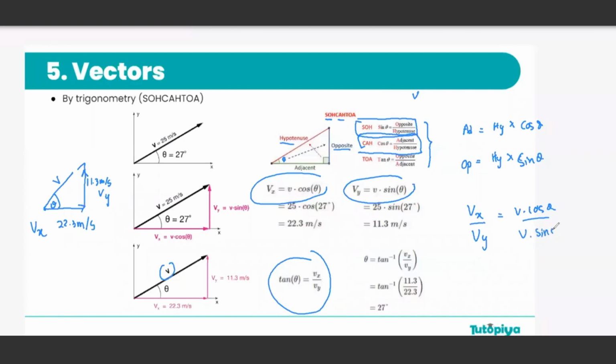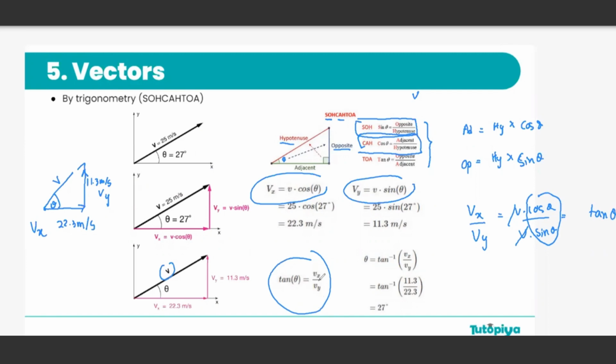Cos theta over sine theta is equal to tan theta. Again, another relationship you would get to know in mathematics under trigonometry. So V and V cancel off and you end up with tan theta. That's how you get tan theta is equal to Vx over Vy.